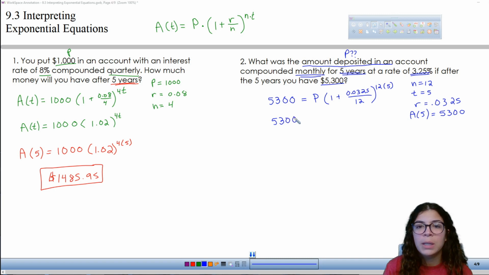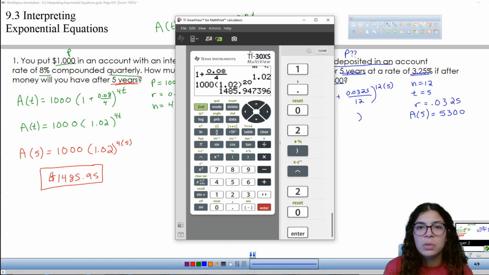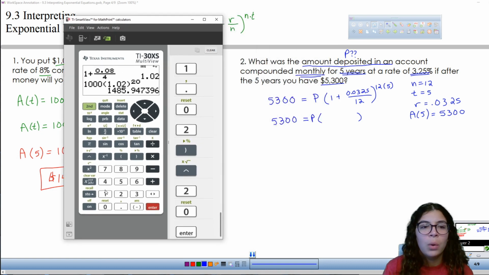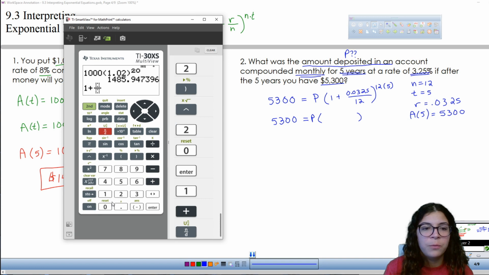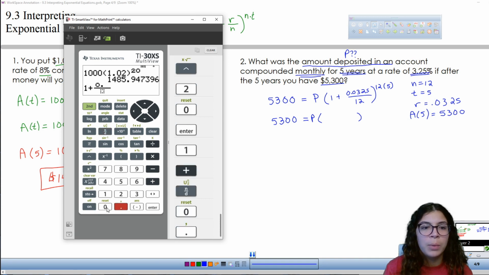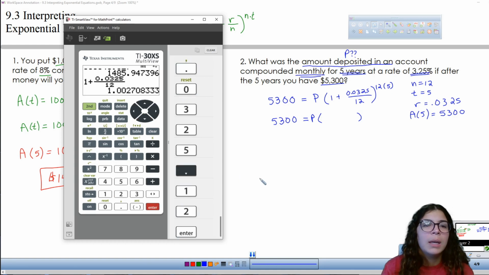So I have 5,300 equals P times, and then let me just simplify inside. 1 plus, and then in fraction, numerator 0.0325, denominator 12. So we get 1.0027008333.